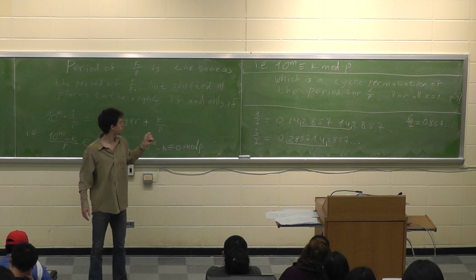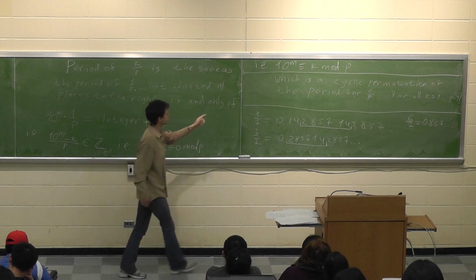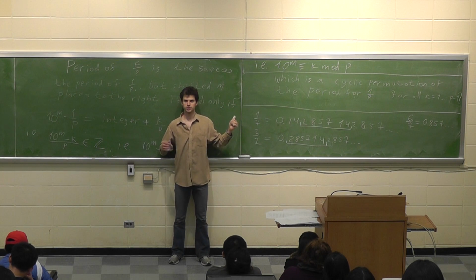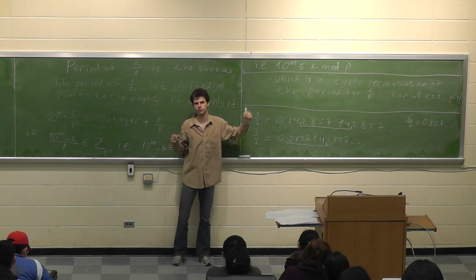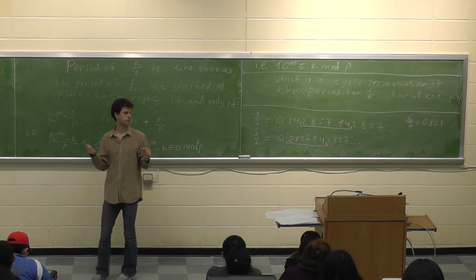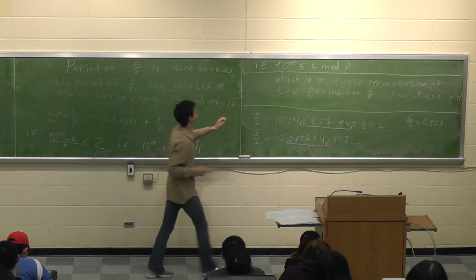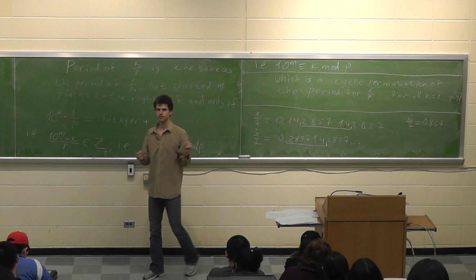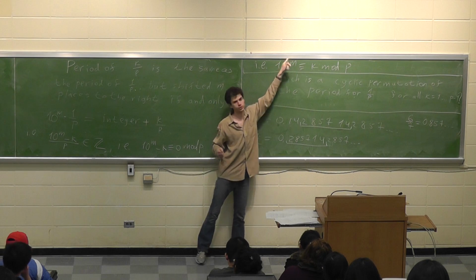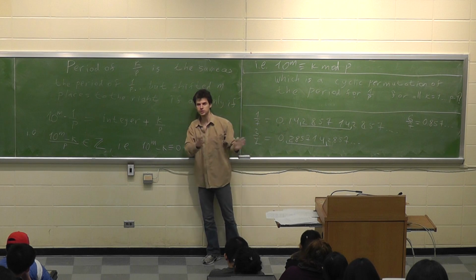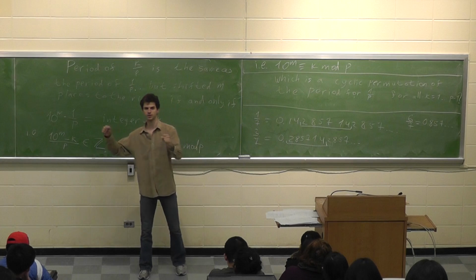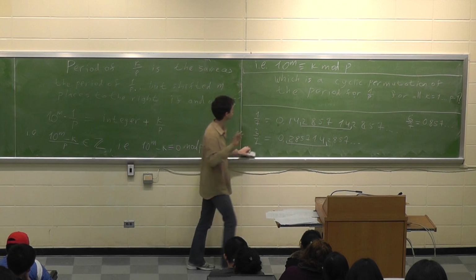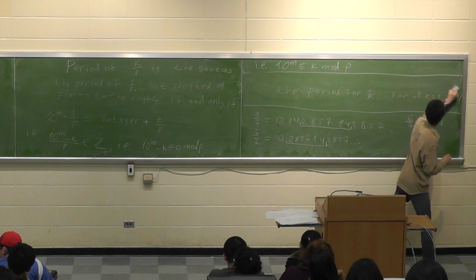So you do get that k over p has the same period as 1 over p, but after a cyclic permutation, if k is congruent to some power of 10 modulo p. And the exponent here is exactly the number of places you have to shift. Exactly how many times you should shift your period to the right.